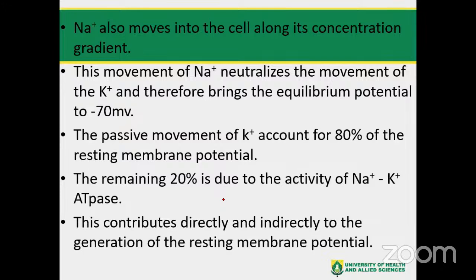So that means 80% of the resting membrane potential is due to the passive movement of the potassium ion. Then the remaining 20% is due to the activities of an ATPase, that is sodium-potassium ATPase. This contributes directly and indirectly to the generation of the resting membrane potential.